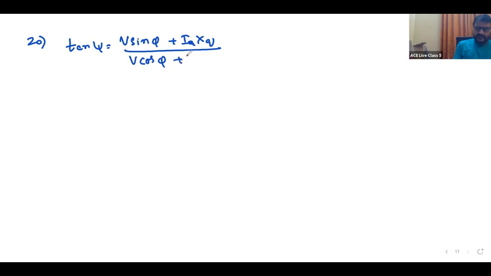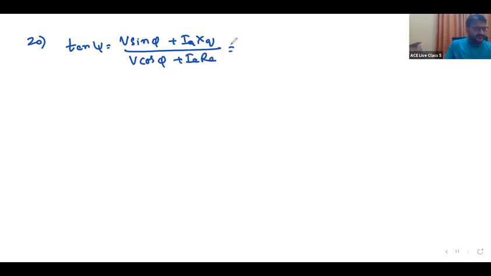Question number 20 I am doing. Tan psi is equal to V sin phi plus IA XQ divided by V cos phi plus IA RA, for lagging power factor.